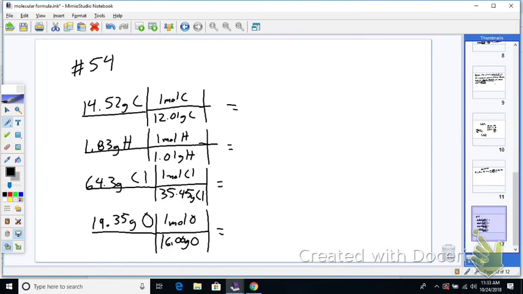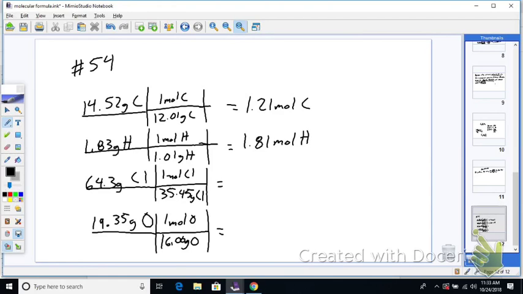So then the 14.52 divided by 12.01 gives an answer of 1.21 moles of carbon. 1.83 divided by 1.01 gives me 1.81 moles of hydrogen.